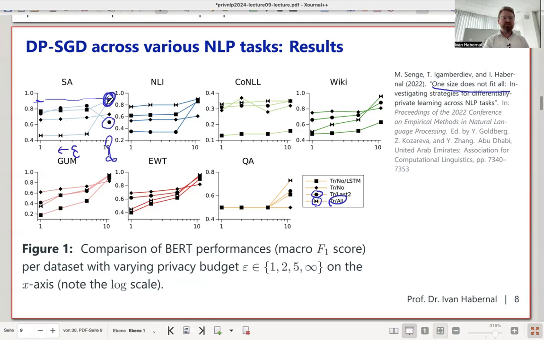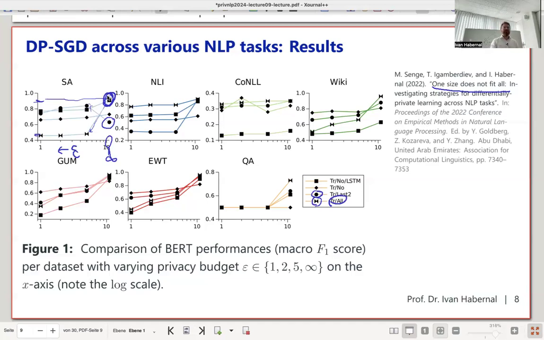The model which was the best performing, fine-tuning the full BERT with no privacy, once you add privacy, the performance drops to something almost random. While if you train just the last two layers, the performance goes up.